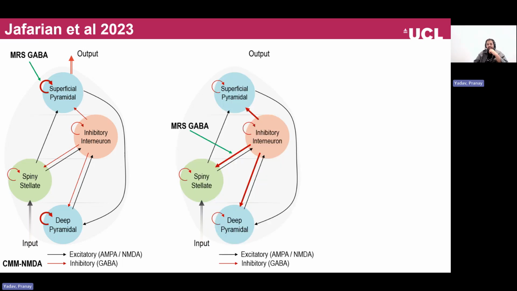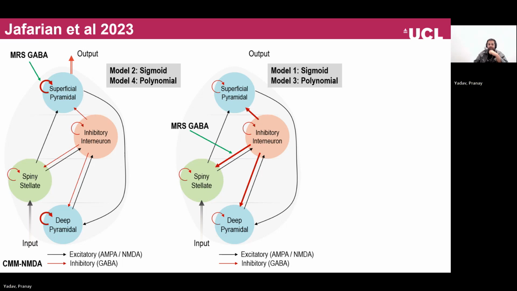In the second model, they asked if MRS GABA informs the intralaminar inhibitory connections. There are three of them. And for both these models, they also considered two different ways of mapping them. One was scaling it using a sigmoid. The other was scaling it with a polynomial expansion, I think second order. Now, so they have four models, recurrent versus intralaminar, and two variations of each of them. And they fit these four models and compared the model evidence for these four.